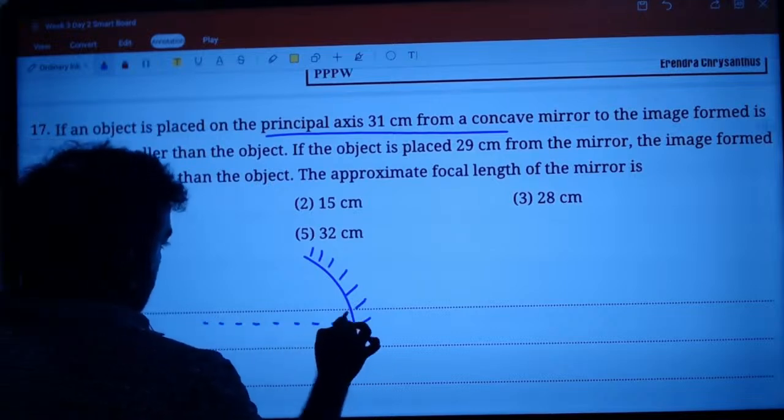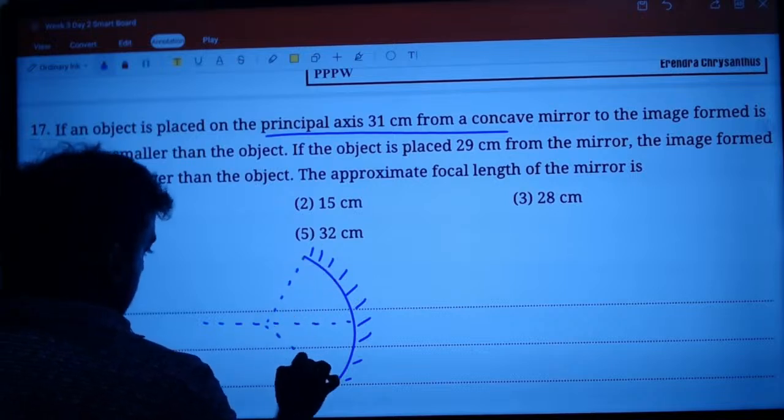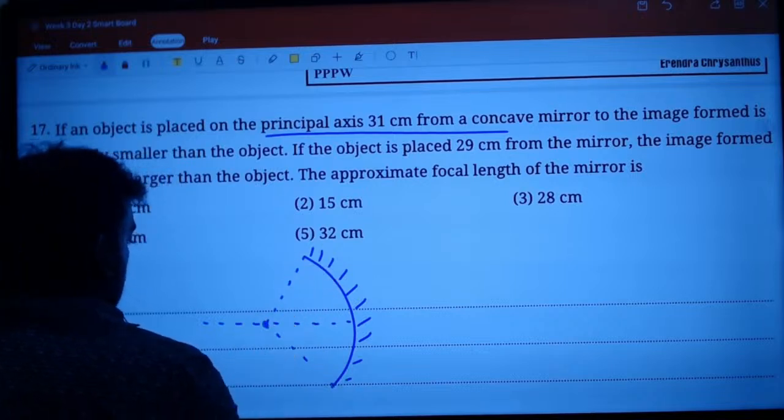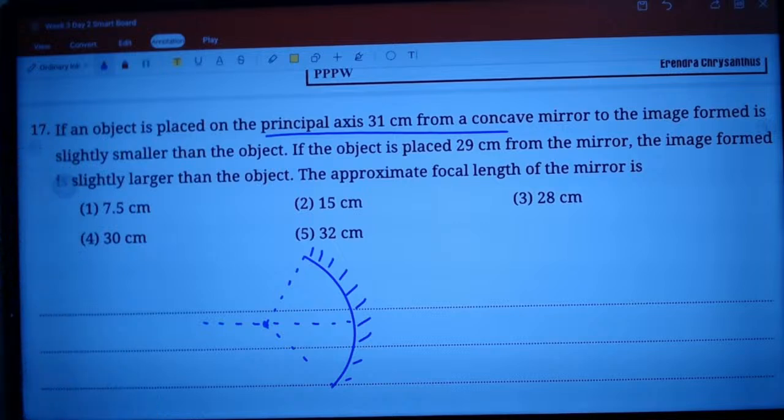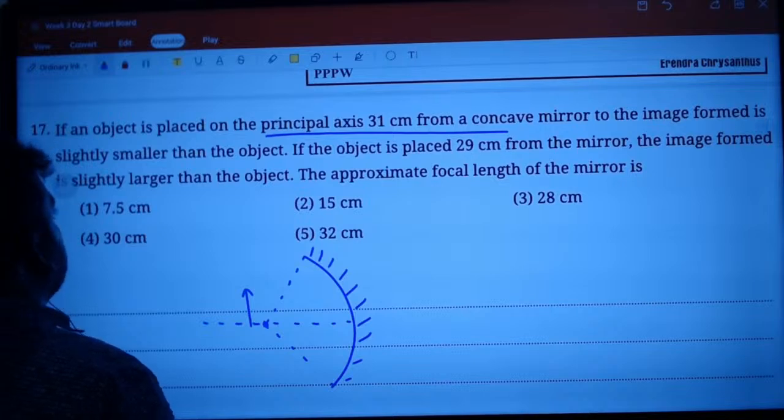Here you go. Optical center. Right. If an object is placed on the principal axis 31 centimeter from the mirror, the image is found to be smaller.